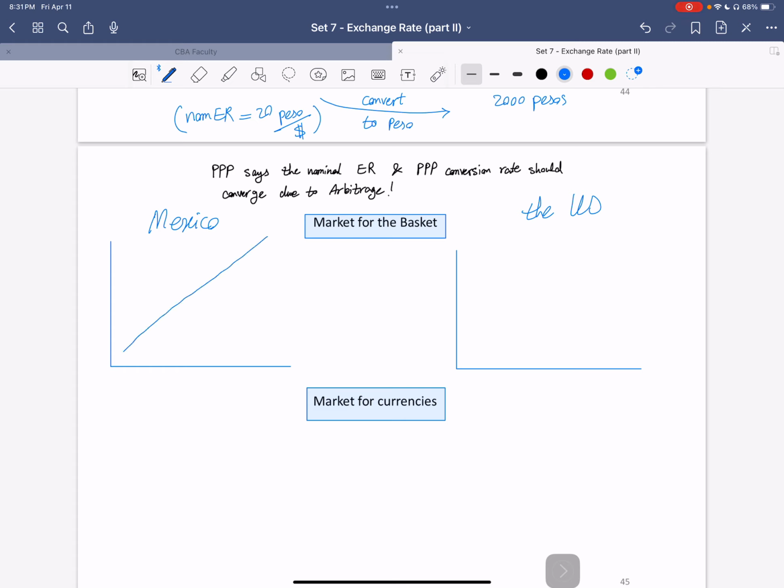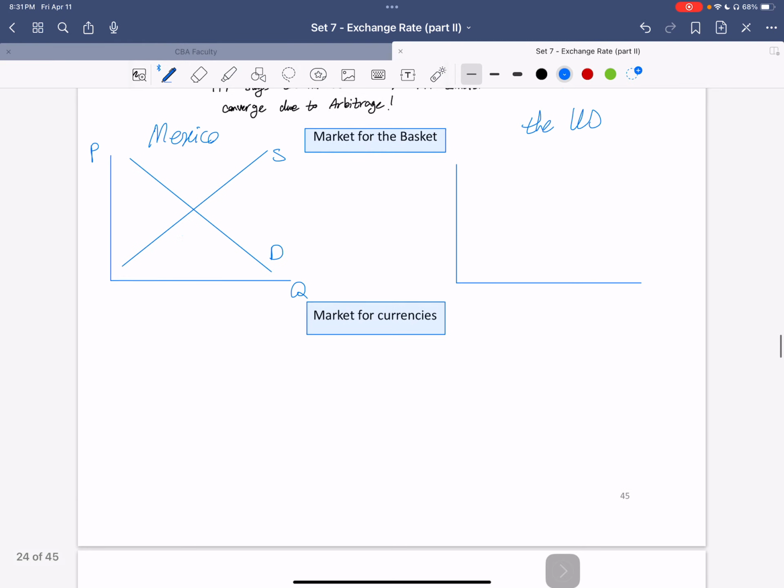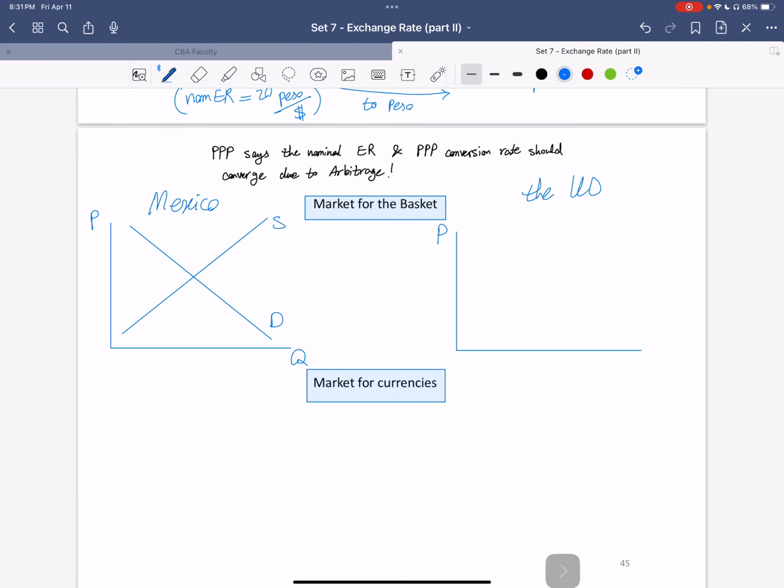We have the market for the goods here, supply and demand for that basket, and this is the price of the basket or CPI. And we have the same CPI in the US, with quantities, supply and demand in the US. Okay, and we have this initial equilibrium in each of these countries.